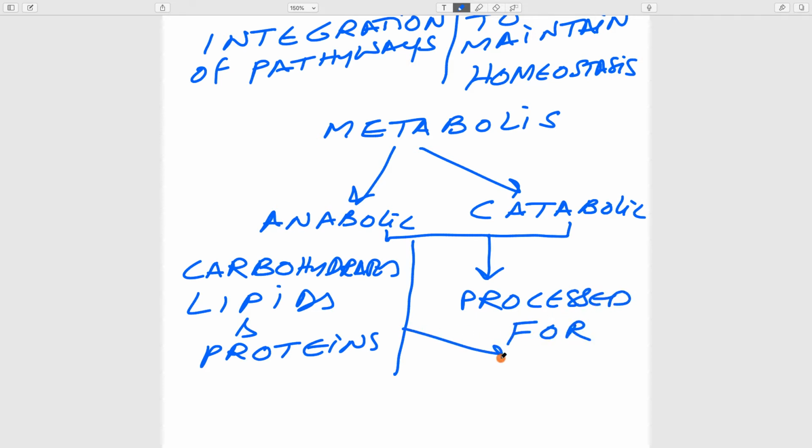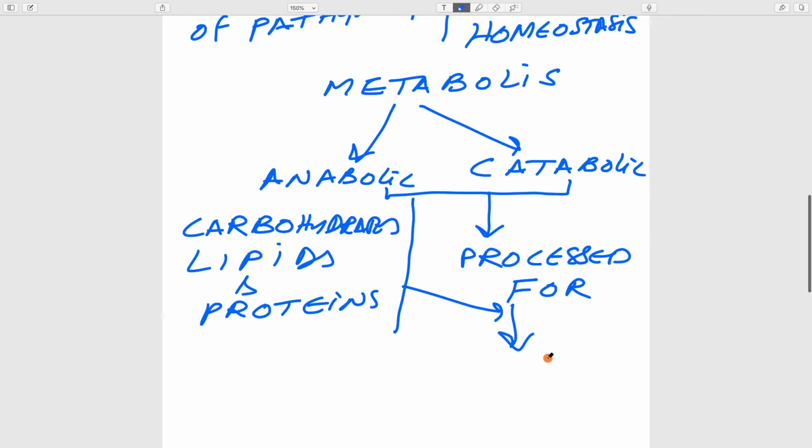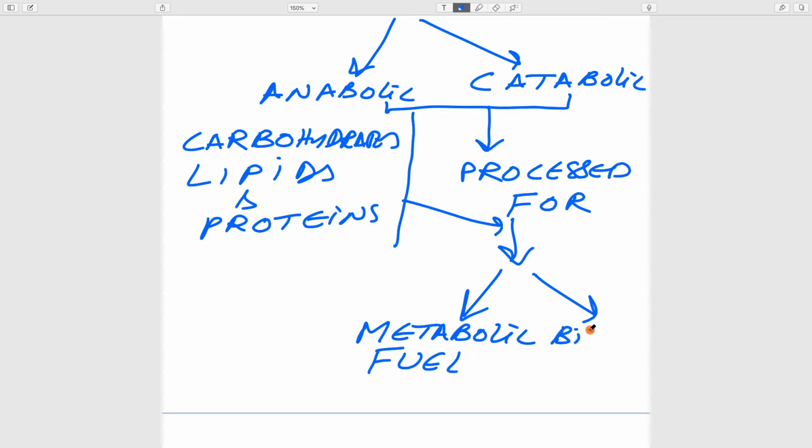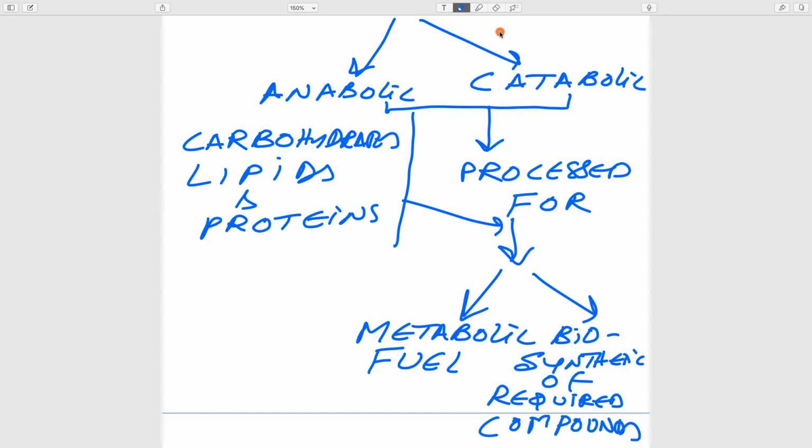For the ATP, that is, we call it metabolic fuel, that is energy, and also for biosynthesis of required compounds.